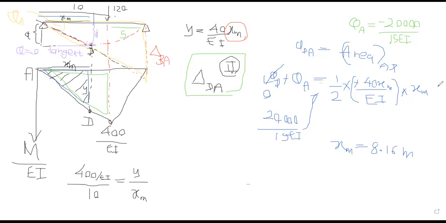So after you find xm, you can just find the deflection. So that's again Mohr's second theorem, right? It's the vertical intercept between two tangents where one tangent is horizontal. Pretty simple, right?